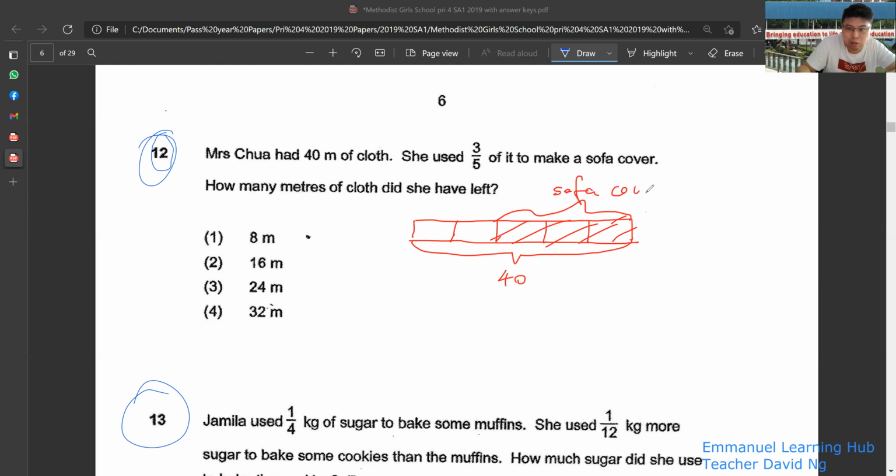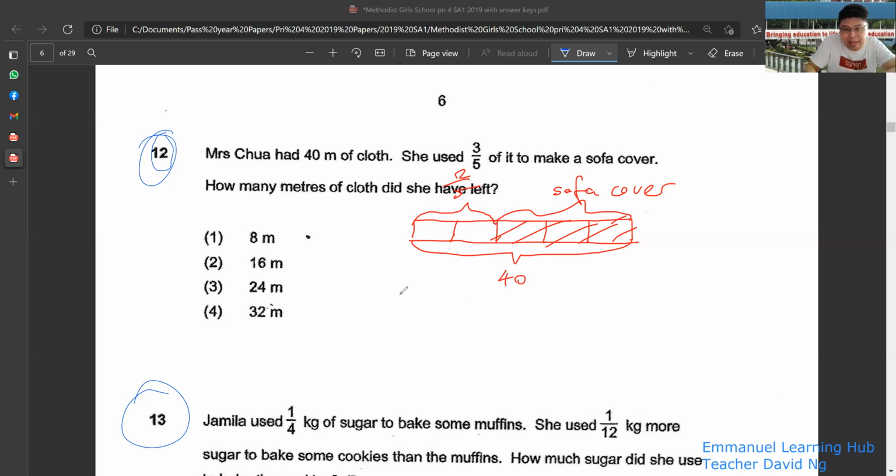So what's the fraction that's left here? 2/5. This is 3/5, so what is left is 2/5.